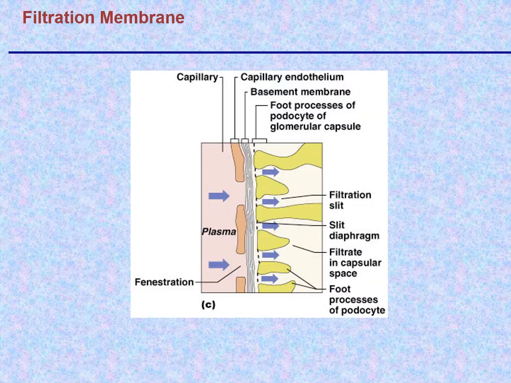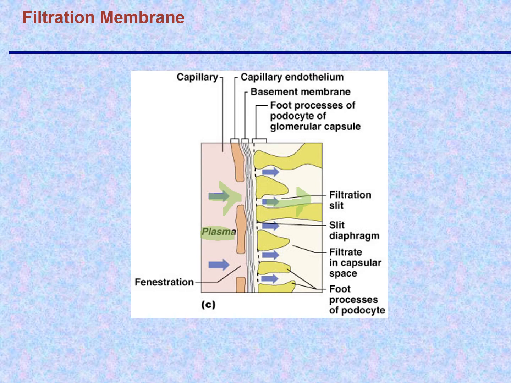Here you see it. This is the inside of the glomerular capillary, so there's plasma, and the direction of the filtration process, the fluid being formed into filtrate, is this way. This area, all these areas, are the inner space of the glomerular capsule.